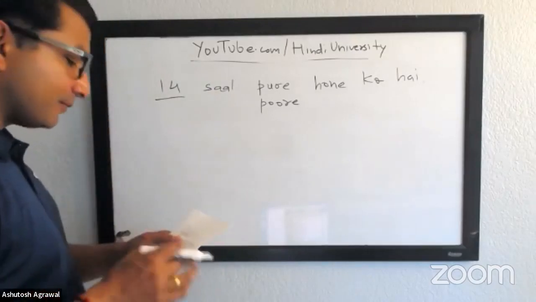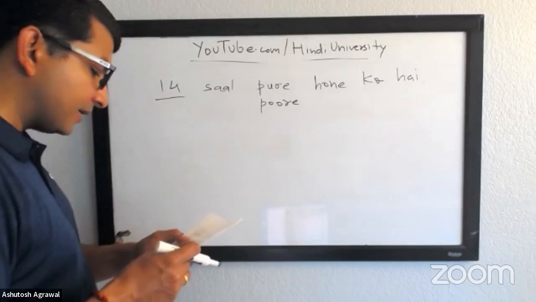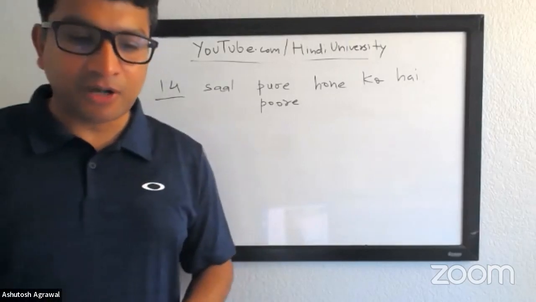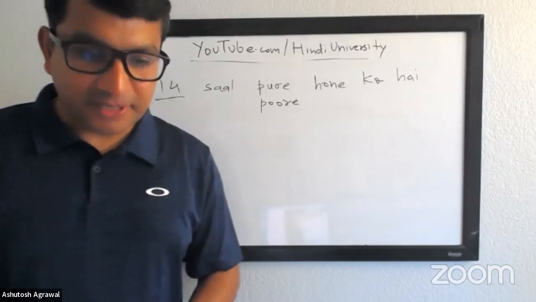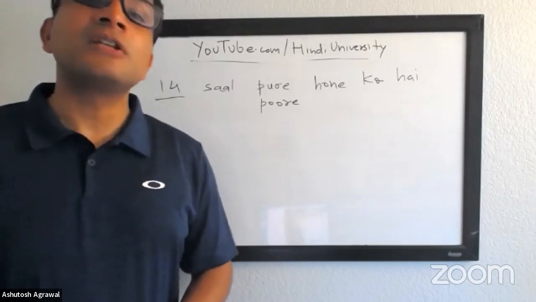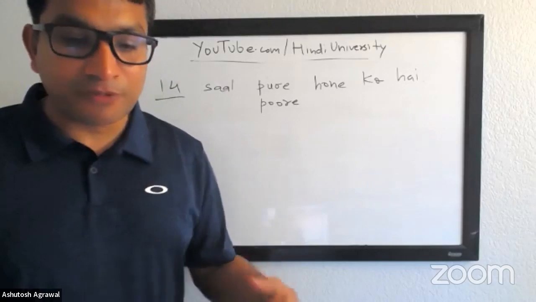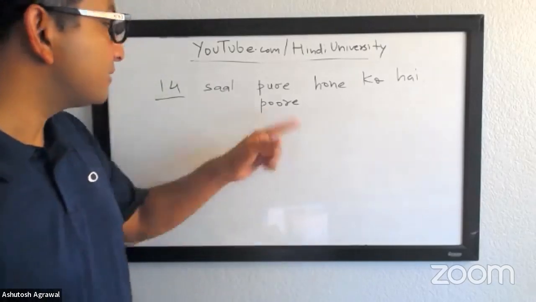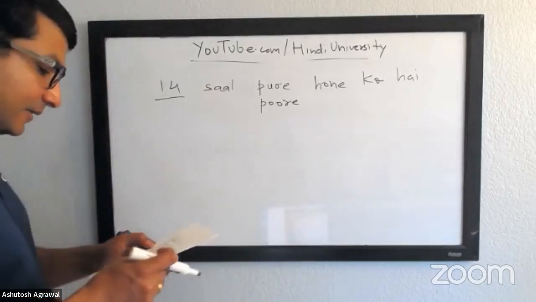For example, if somebody asks how long you've been in a different country, you can say "10 साल होने वाले हैं," meaning I'll be finishing 10 years in this place.